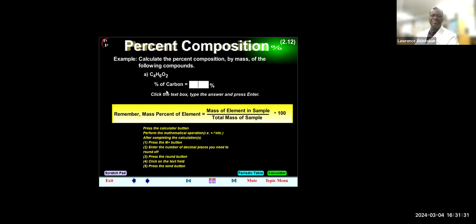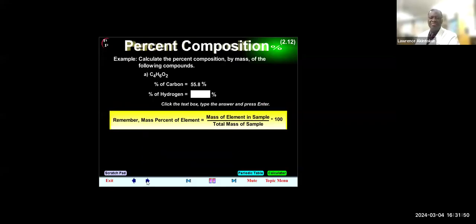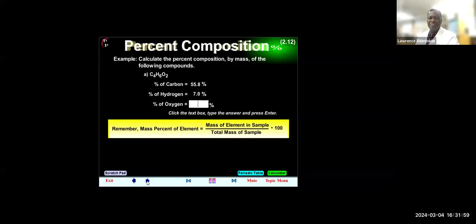Go ahead and find the percentage of carbon. Make sure you pause and complete the percentage of carbon before you move on. Percent of hydrogen equals. Percent of oxygen equals.